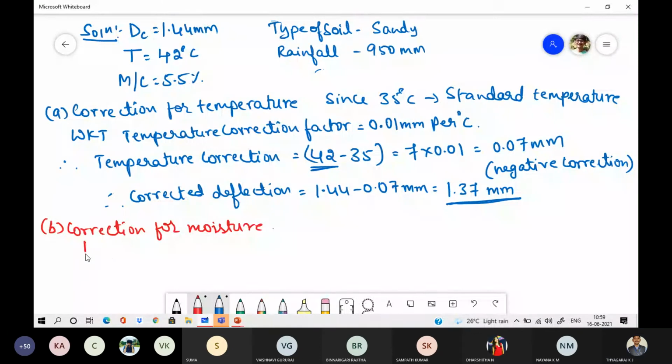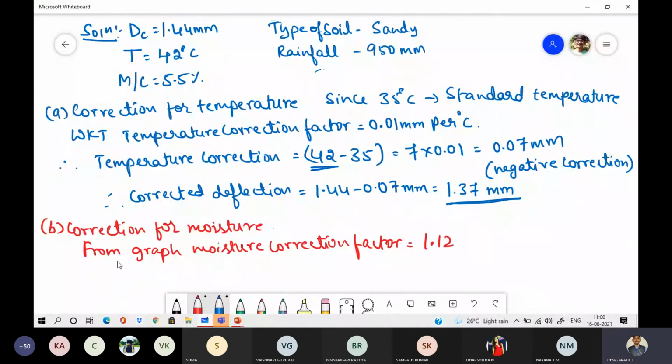So from the graph, the moisture correction factor is equal to 1.12.